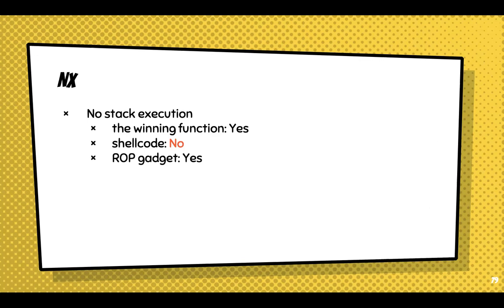So we cannot do shellcode anymore, but we can do ROP gadgets, because as I mentioned before, the code itself is not on the stack. The actual instructions are from libc, which is still executable.